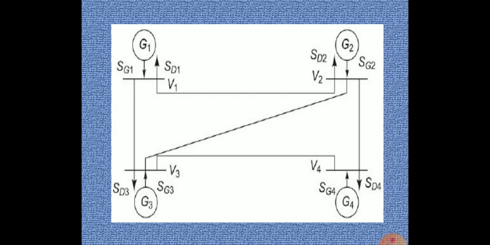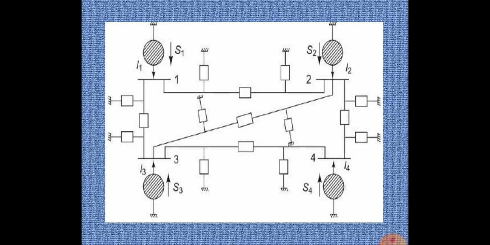Here generator G1 is connected, and the current flowing towards bus 1 is I1, and the current flowing to bus 2 is I2. Between bus 1 and 2 an admittance value is connected. Between 1 and 3 the admittance value is connected.